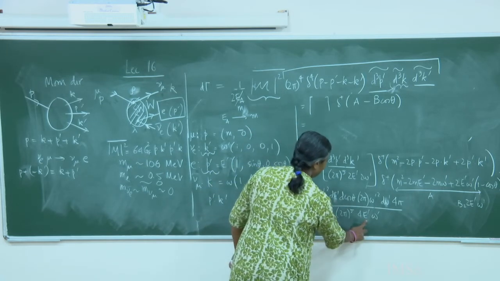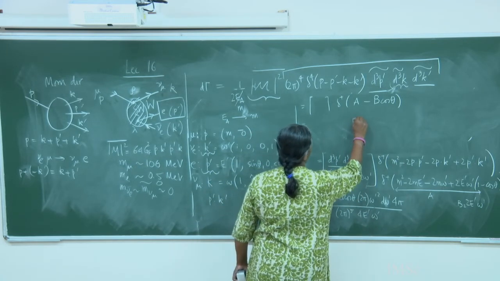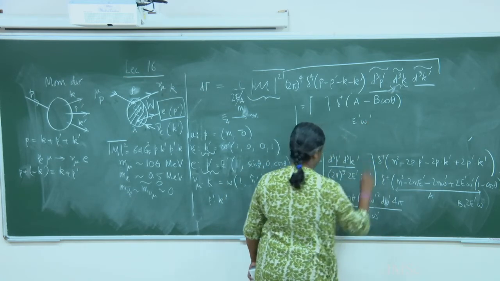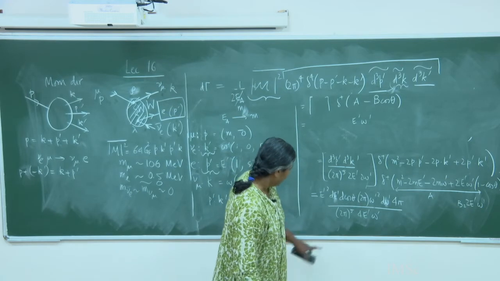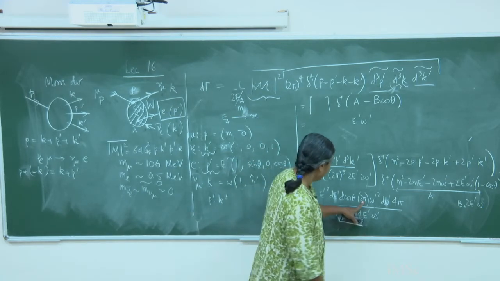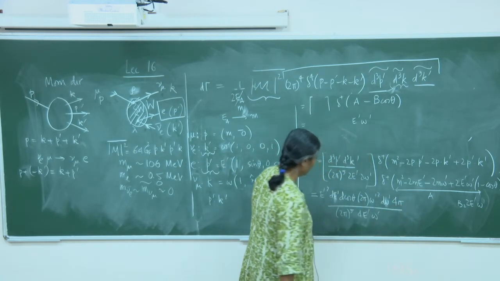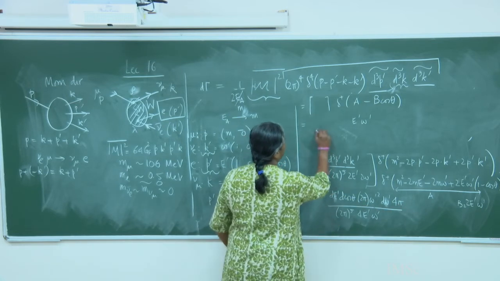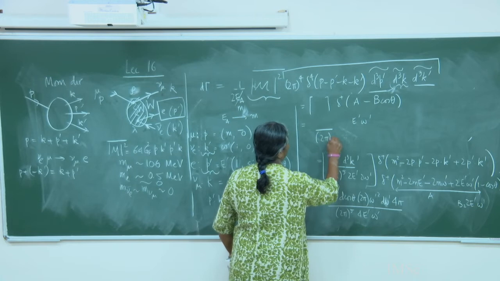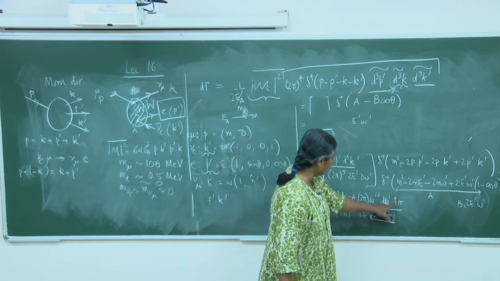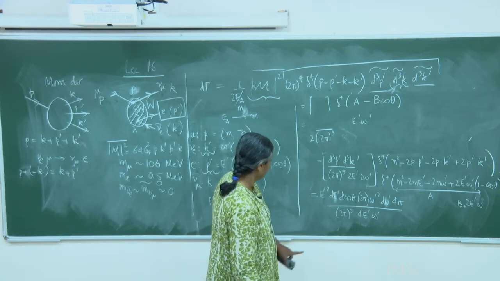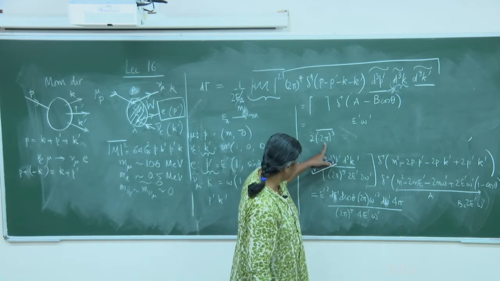So E′ and E′, one E′ cancels. Similarly ω′² and ω′, one ω′ cancels. Okay. So 2π, and let me write this as 2 into 2π. So there is a 2π into 2π which will cancel to give you a 1 by (2π)³. There is a 2 left over and there is a 4 here, so there will be a 2 left over in the denominator.